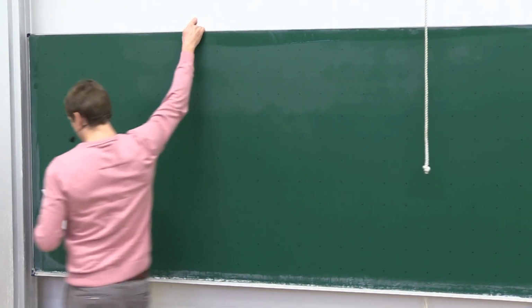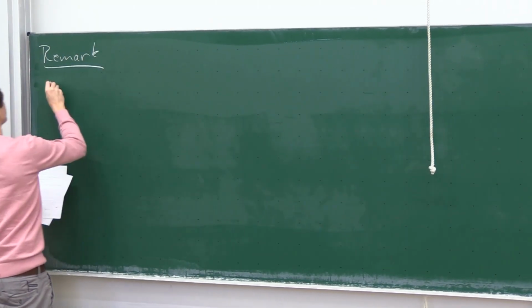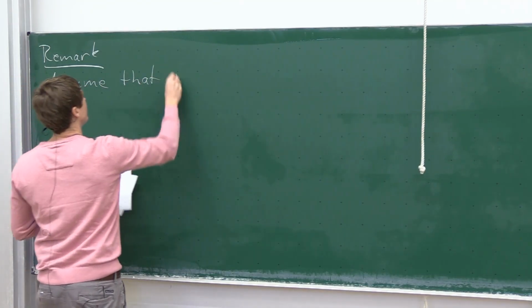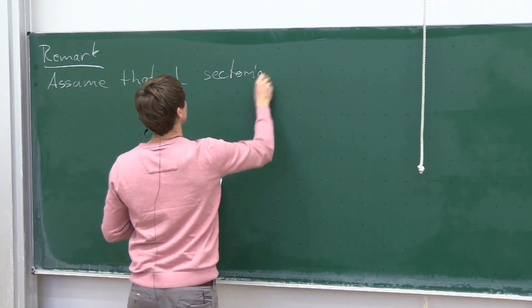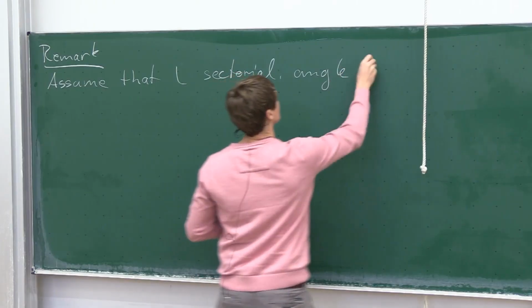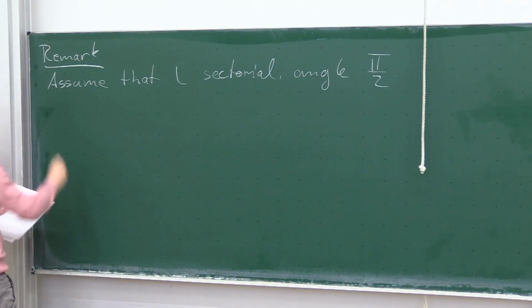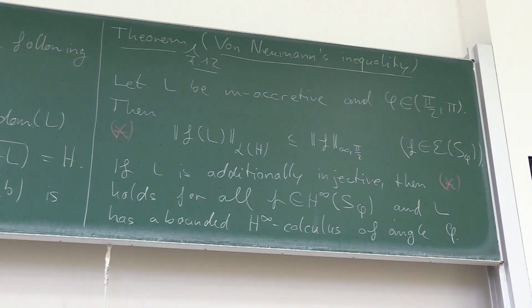So the first remark is that we assume that L is sectorial of angle pi over 2, and then we in particular know that in the Dunford-Riesz class E of S phi, resolvents are contained in this class, as you might know from chapter 5.